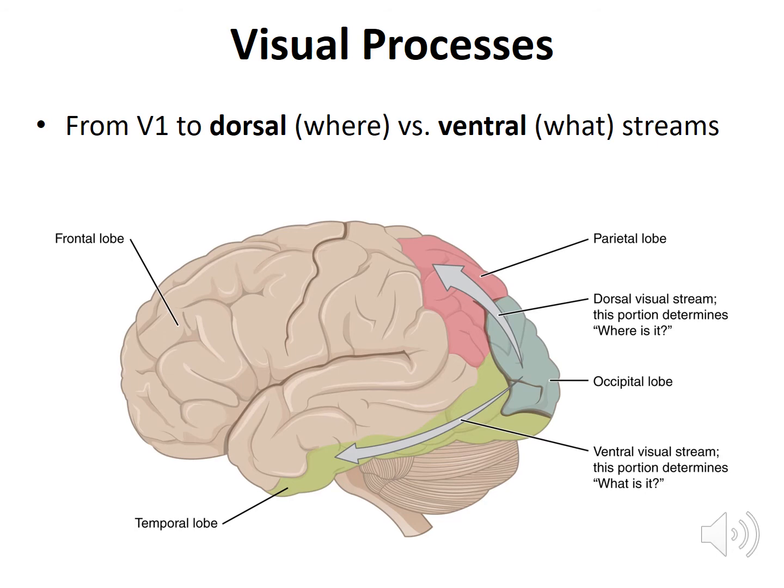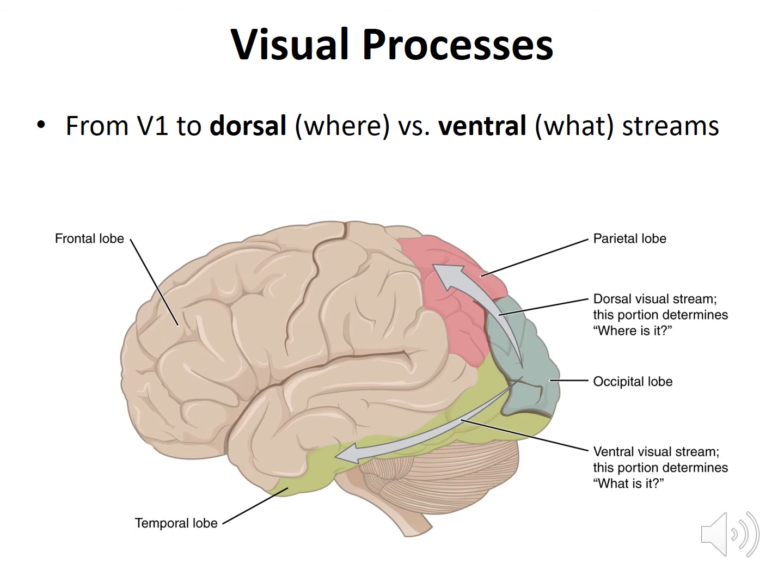Now in 1982, Leslie Ungerleider, who is a famous researcher in this field, has identified two processing streams. One that goes from the striate cortex in the occipital lobe to the parietal lobe, and another one that goes into the temporal lobe.